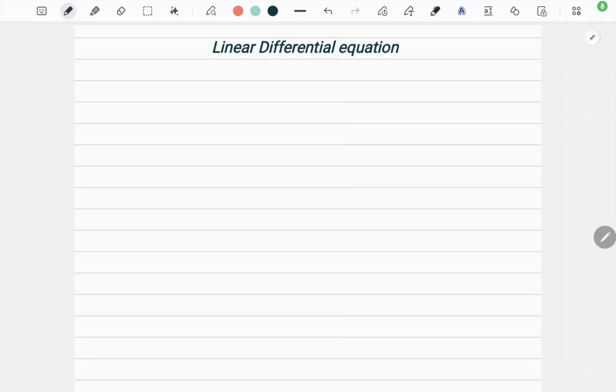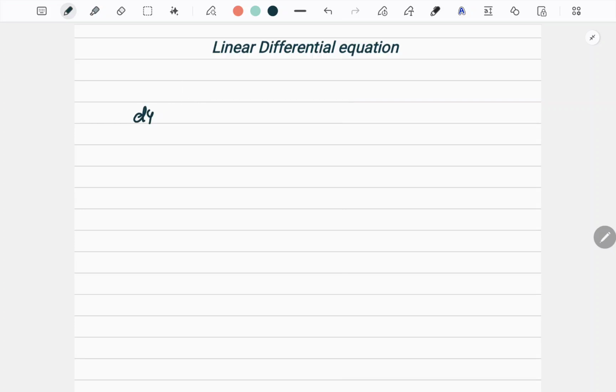Hello students, let us come to the second topic, which is the linear differential equation. Now what exactly is a linear differential equation? It is of the format dy by dx plus py is equal to q.